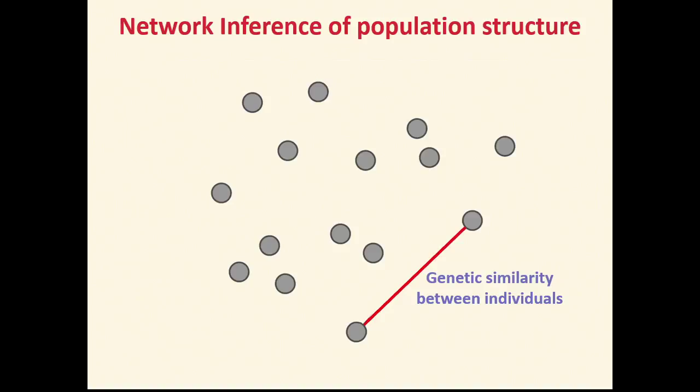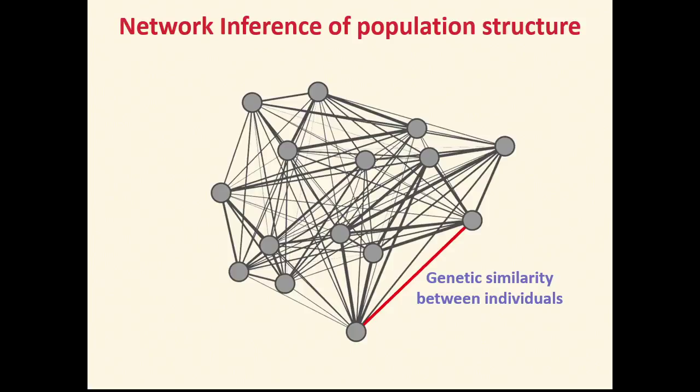So if we connect all the individuals by using one genetic similarity measure, we get this network. For example, this edge connecting these two individuals is a thick edge. This means these individuals are genetically similar. And these two individuals here are not that similar. They are connected by a thin edge.